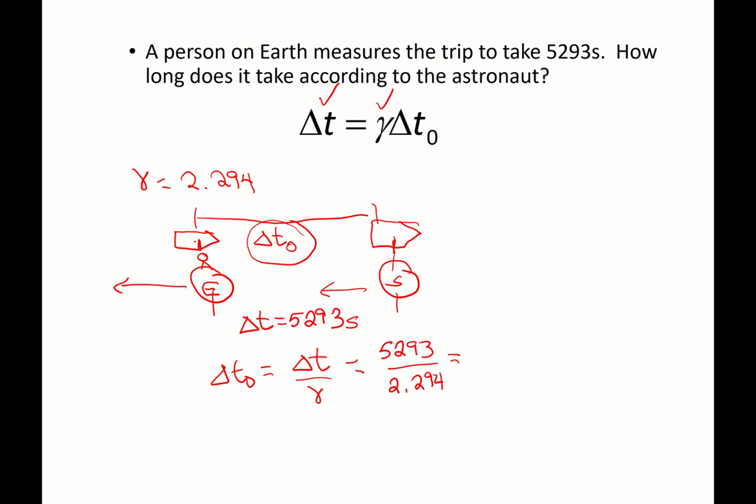And so I get a time of 2,307, or about 2,300 seconds. So the astronaut measures a much shorter time than the observer on Earth does. So the math is not difficult. It's mostly just thinking about who's measuring the proper time, who's measuring the proper length.